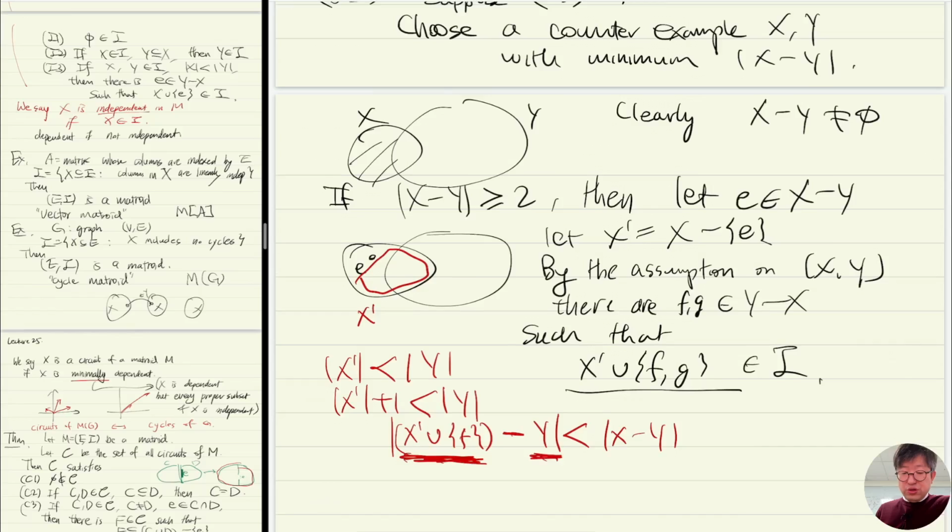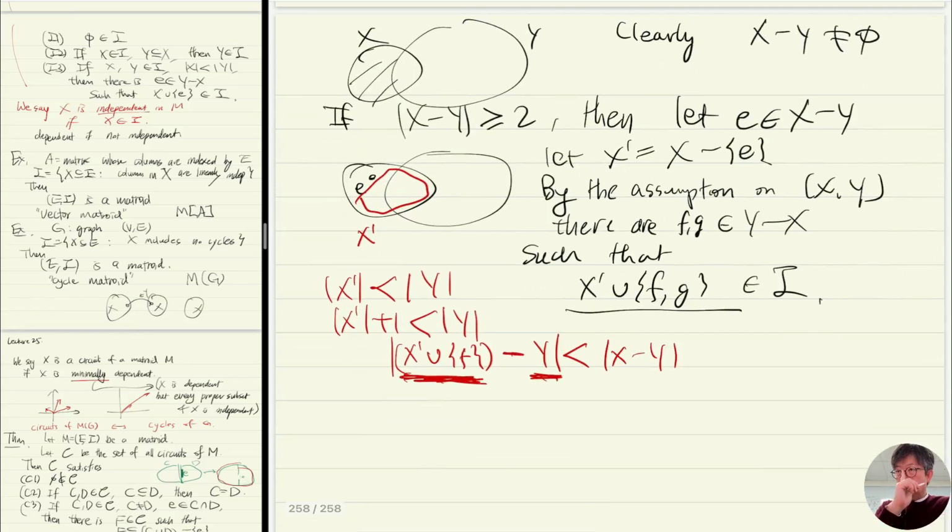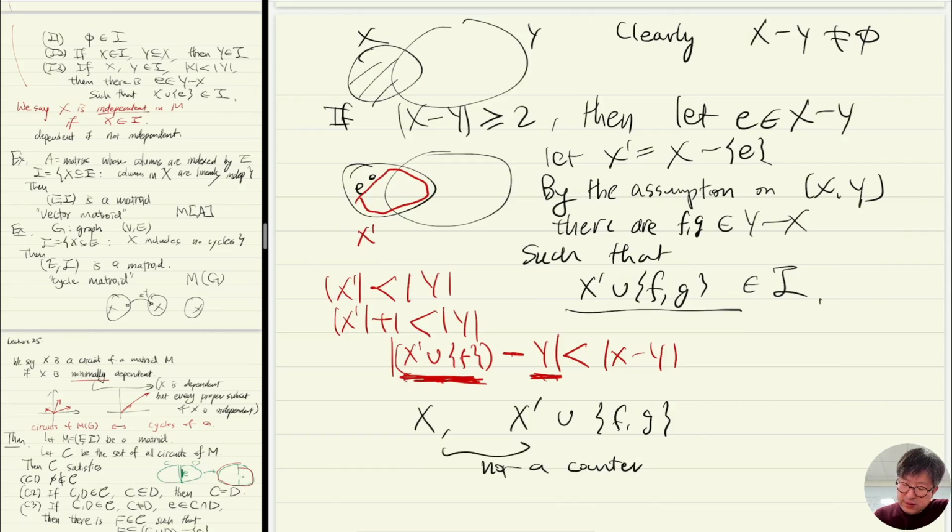Okay, so now what's happening? Initially I had X prime, X, and X prime union F, G. This is not a counterexample, right? Because X minus X prime union F, G is still smaller, it's 1.